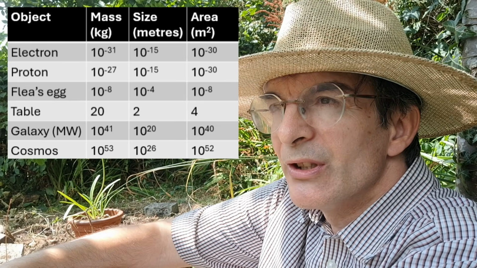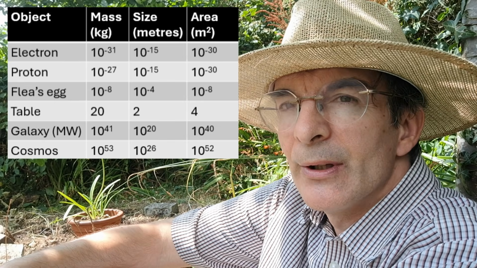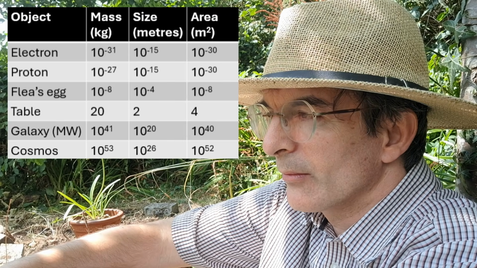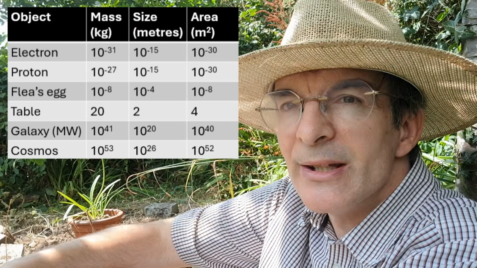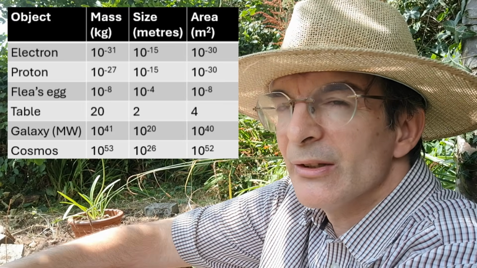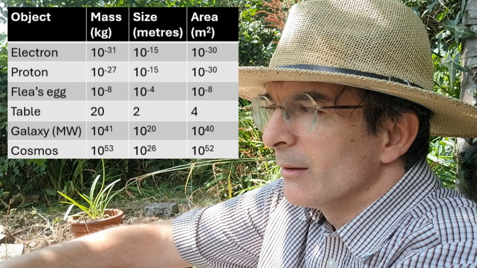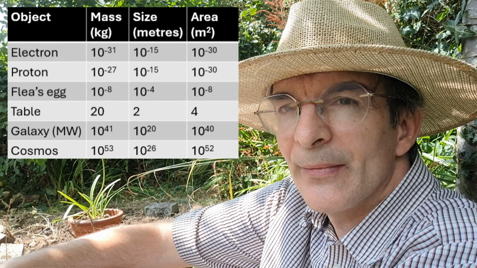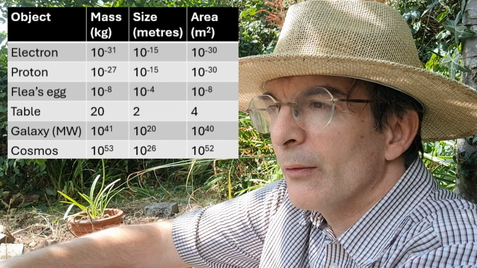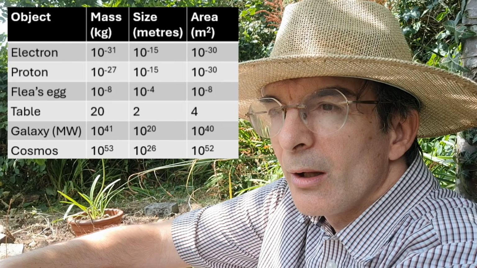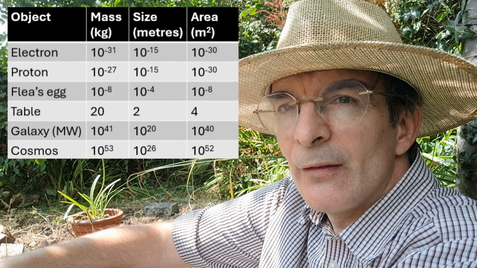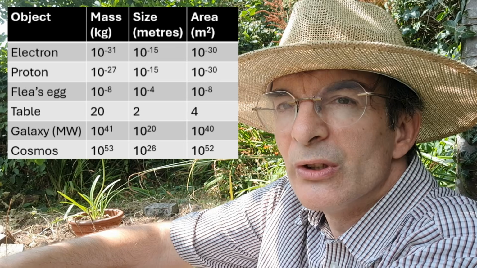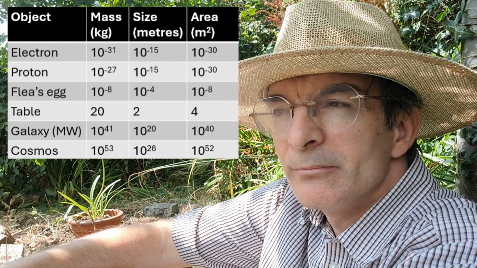So you can see here that over a massive range of scales, a range of 10 to the 80 in mass, and in terms of size, about 10 to the 41, that mass is roughly proportional to, and in many cases just about equal to, the area.